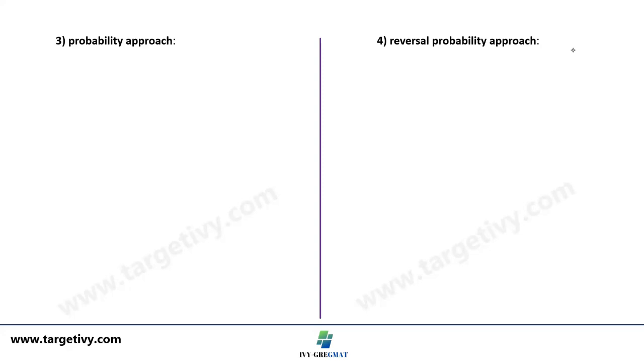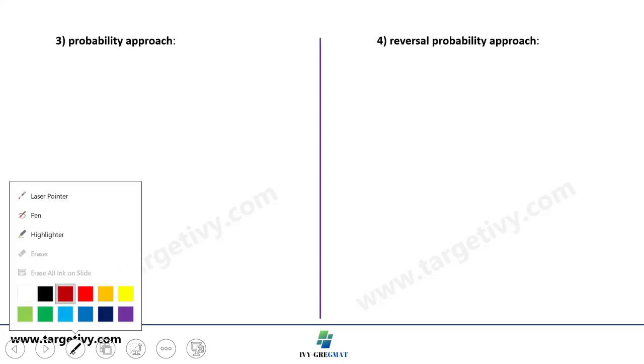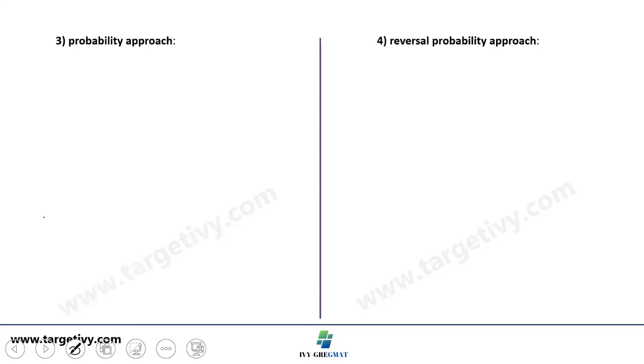Okay, so now the reversal probability approach. This can be fairly simple if you are taking the reverse of the approach we had just learned. I mean, the reversal of probability.